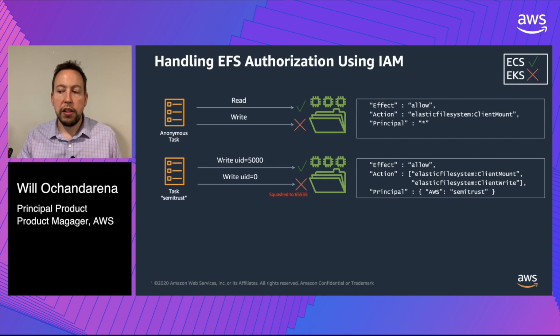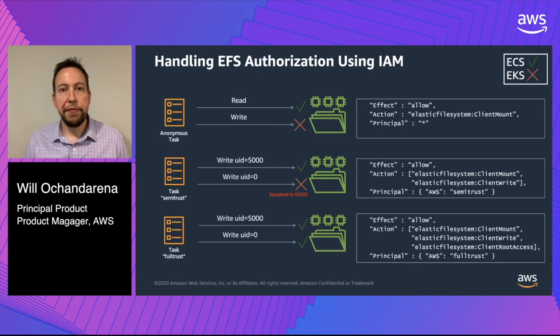So if you only give client mount and client write, any operation that is non-root is going to be successful. But if the client tries to do a write using user ID of 0 or root, it will be squashed to a well-known user ID of 65535, which means most of those operations are going to fail.